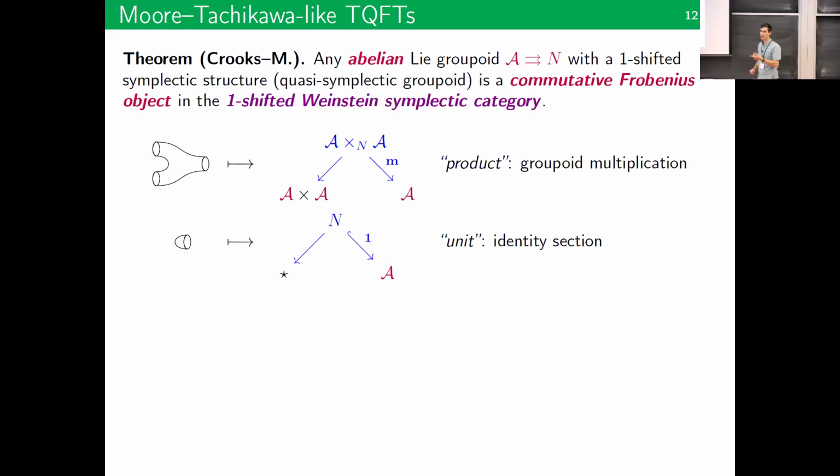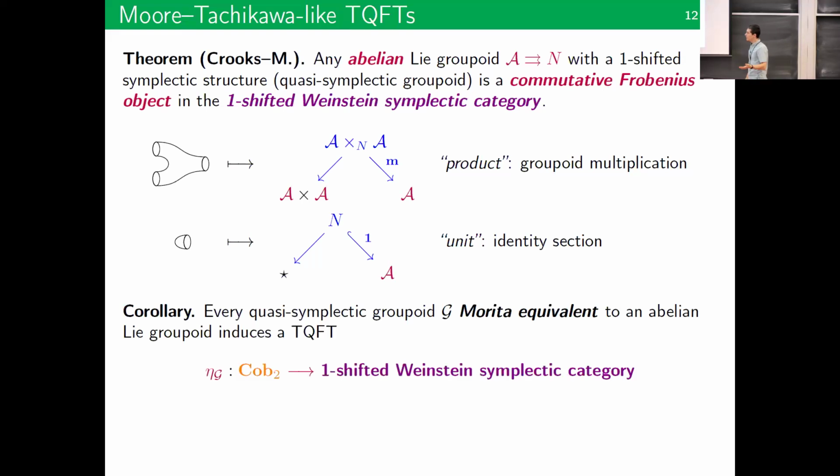And the unit is, not so surprisingly, the identity section of the groupoid. And so the unit should be a Lagrangian correspondence from the point to A, and it's just N viewed as a trivial groupoid over itself, included as the identity section. And then co-product and co-unit are the same, just swap these diagrams.